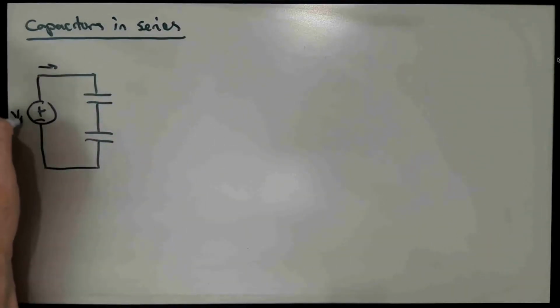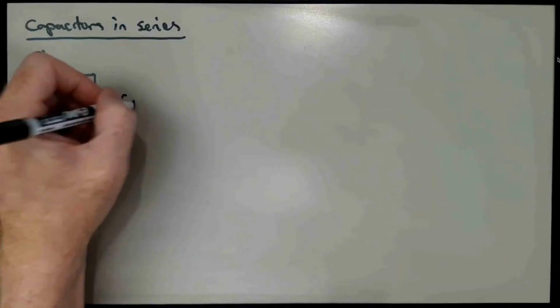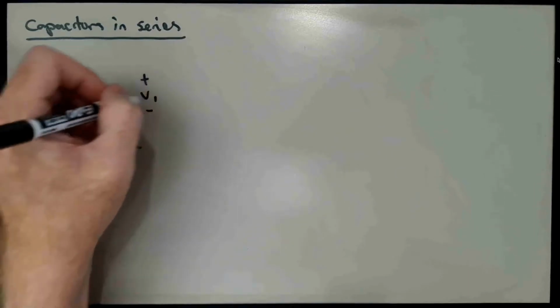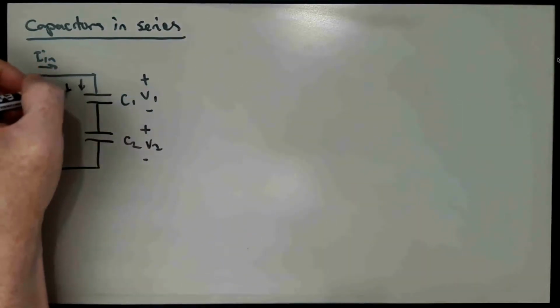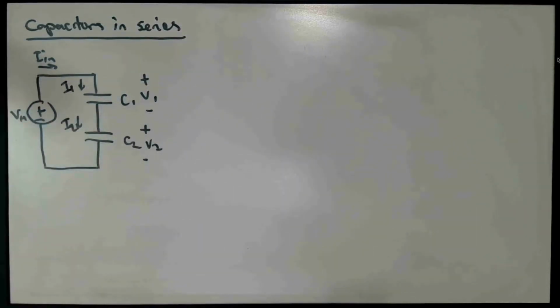So this is Vn, this is In, this is C1 and C2, and I1 and I2. Well, what do we know about this situation?